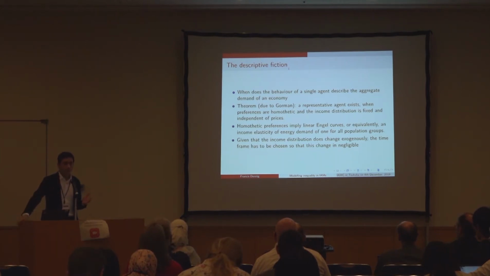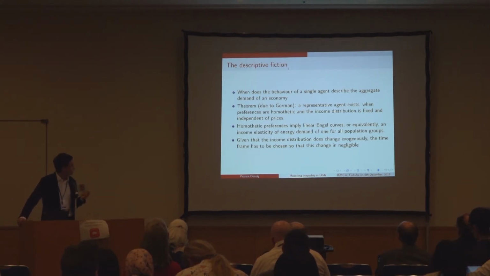A linear Engel curve means that the propensity to spend out of income is constant at every level of income, so that the income elasticity of, let's say, energy demand, if we were modeling energy, is 1, and it's 1 for all population groups. That's the implication of homothetic preferences.